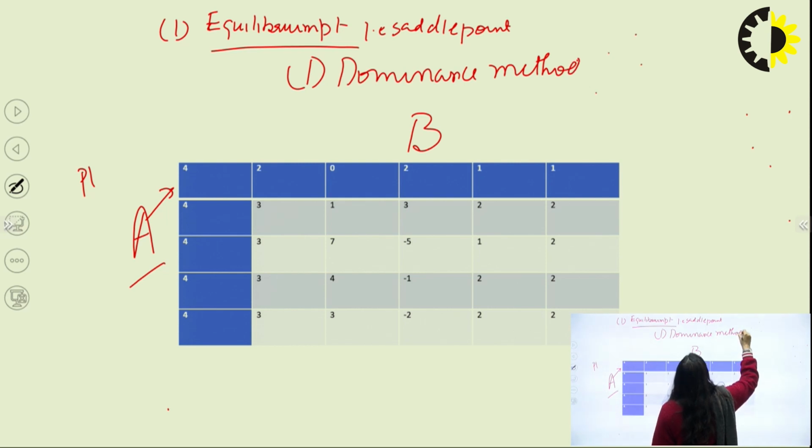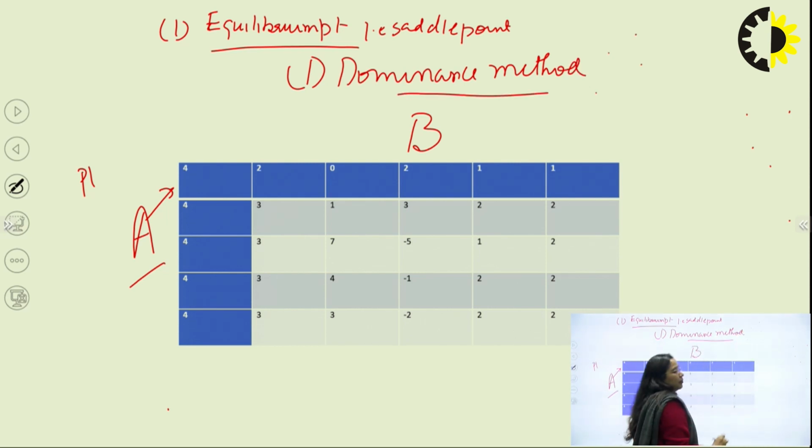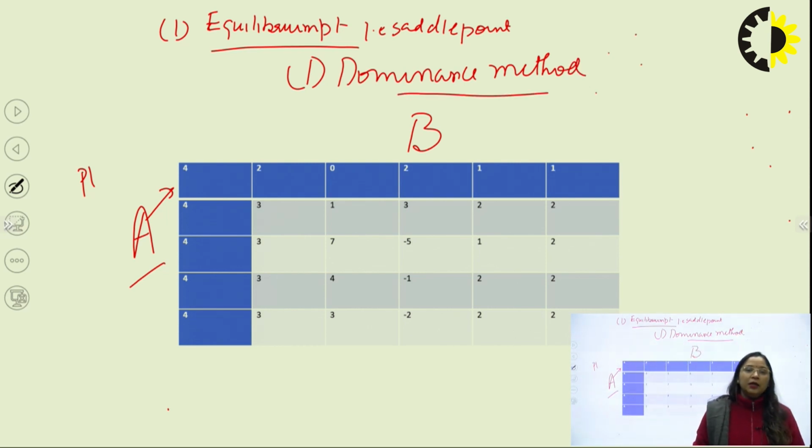With the help of the dominance method, we will eliminate the rows and columns which can be dominated or which can dominate. So here the rule for rows is like this.